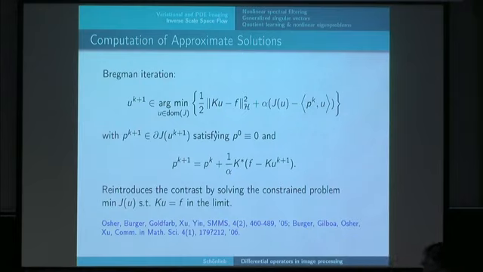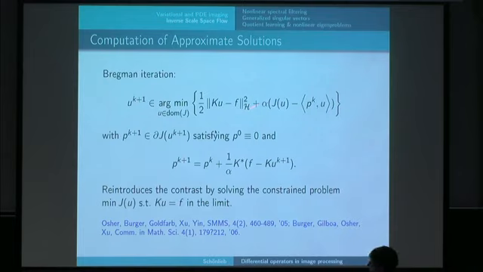And of course, in most situations, you don't want to solve this exactly because you don't want to go to the noisy solution. But you might still want, and I'll motivate this in a second, to aim to solve this and then stop early. So this is kind of the motivation behind this inverse scale space point of view.